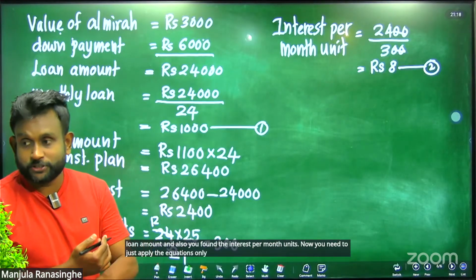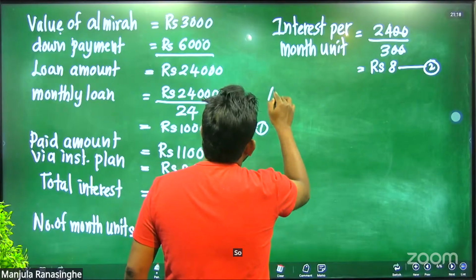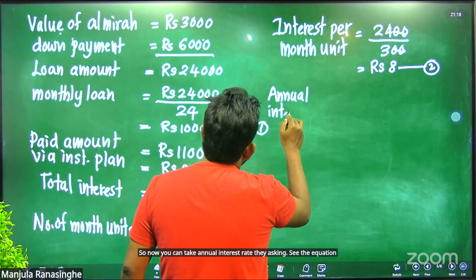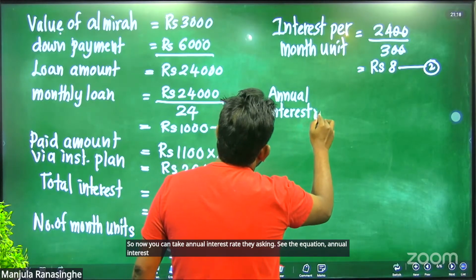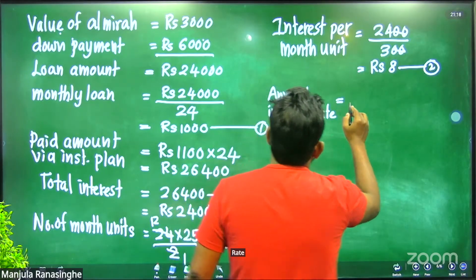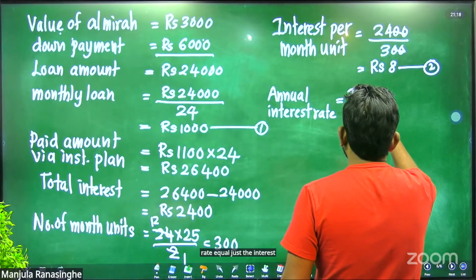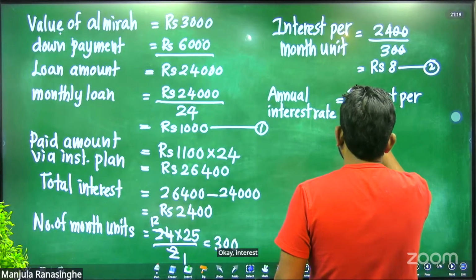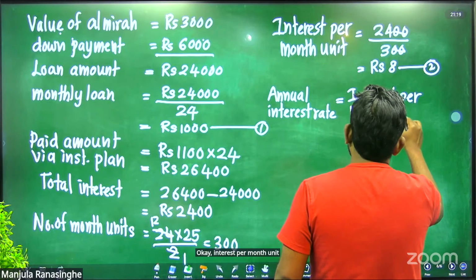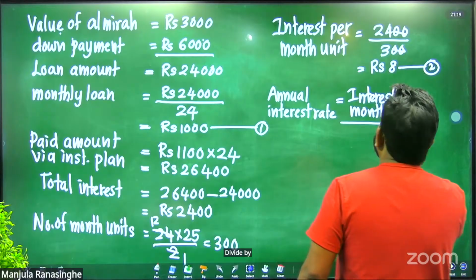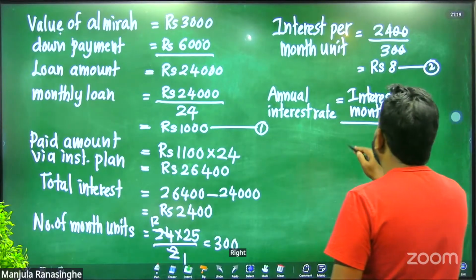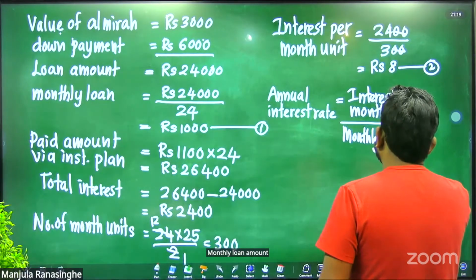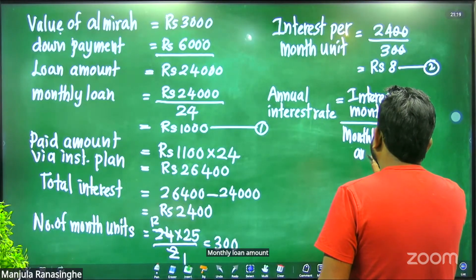How to apply the equations? So now you can take the annual interest rate they are asking. See the equation: annual interest rate equals the interest per month unit divided by the monthly loan amount, right?